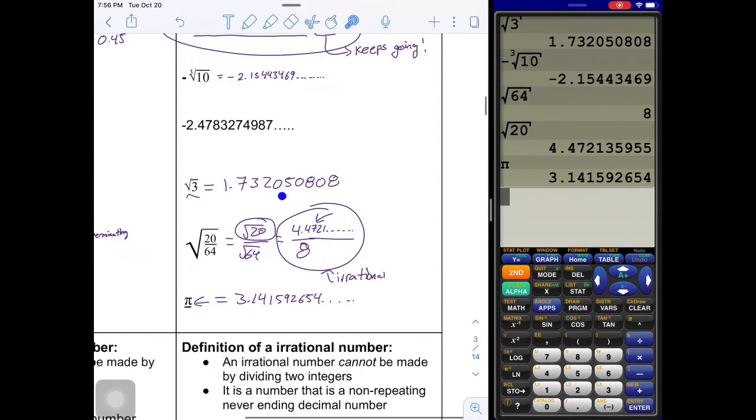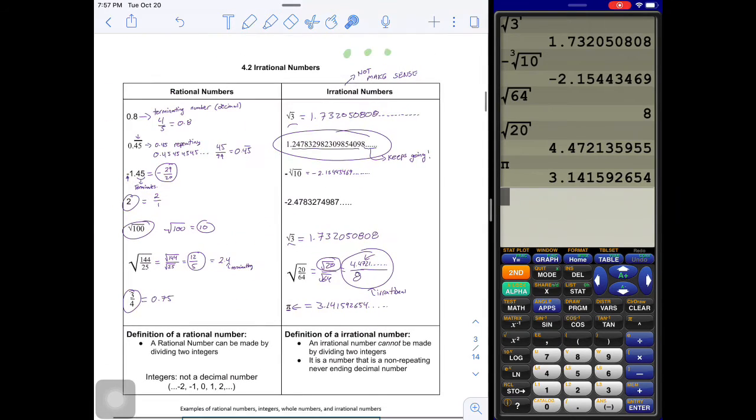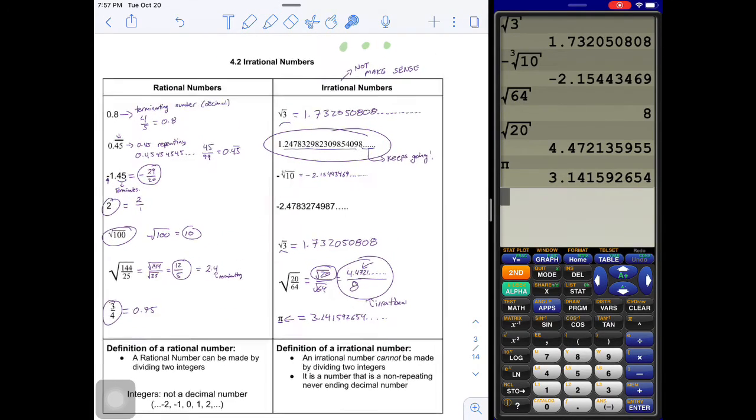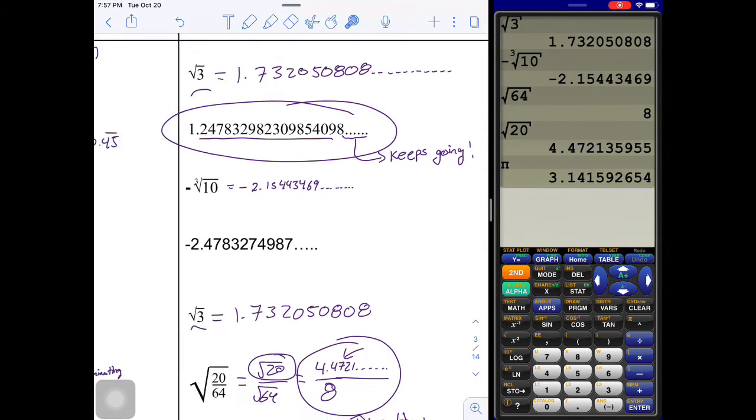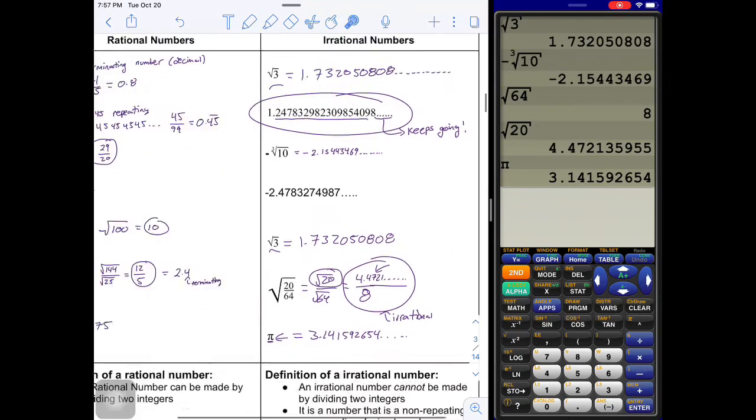So remember, nothing's repeating here, nothing's terminating here. It just goes on and on and on forever without any sense to it. So that makes it irrational. Another way to tell if it's irrational is if you have a cube or a square root and you can't perfectly root that thing, that is also an irrational number, and that's mainly what we're talking about today.